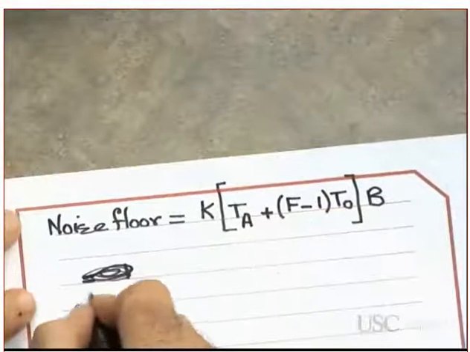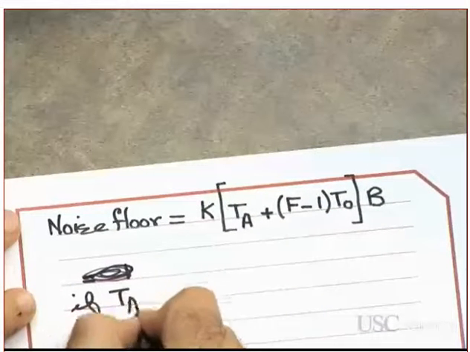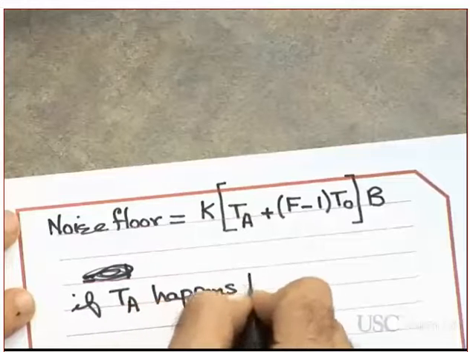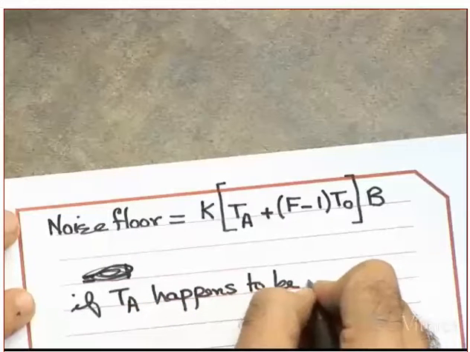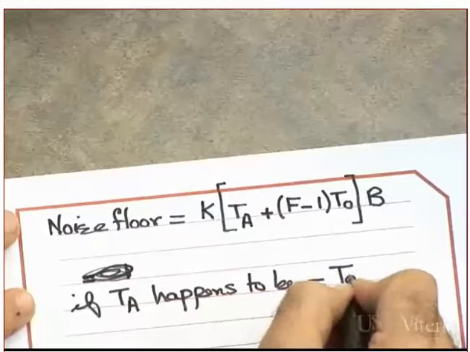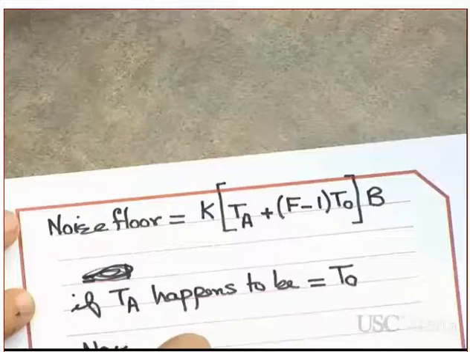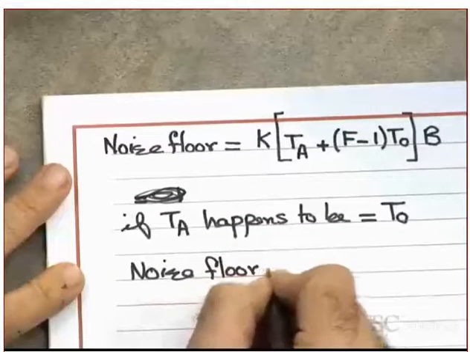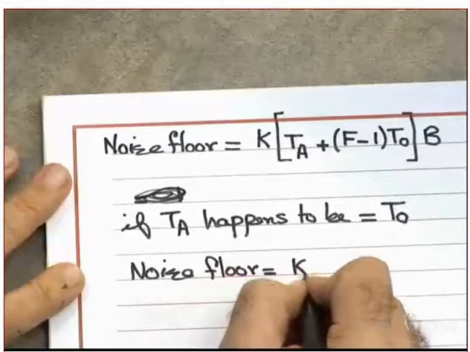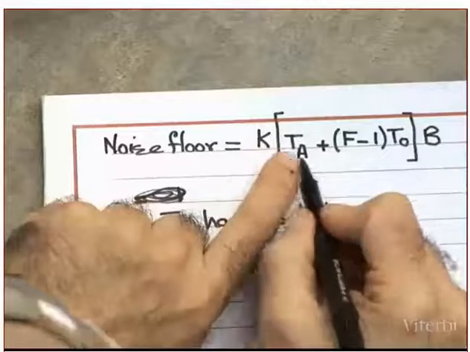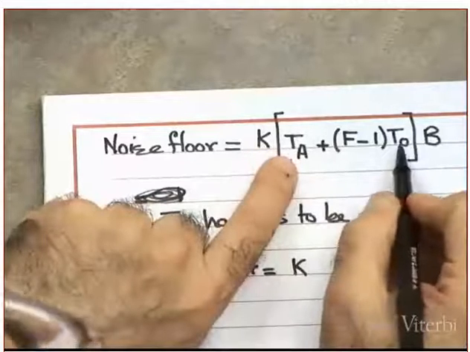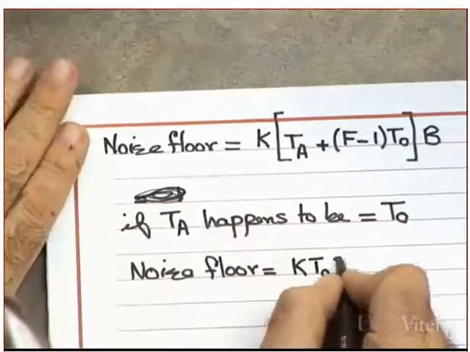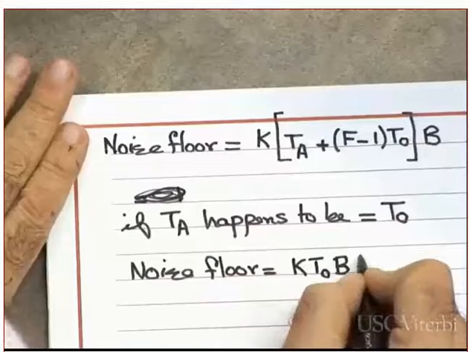Now, if TA happens to be equal to T0, then the noise floor is equal to K, the T0 will cancel with this T0. So what do you end up with? K T0 B times F.